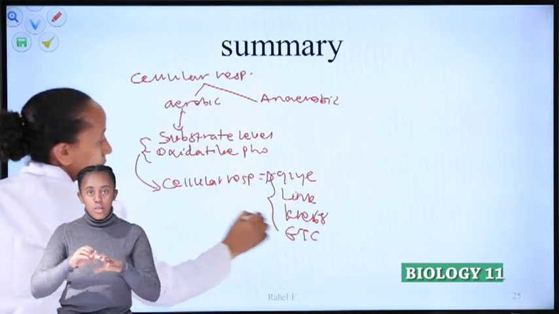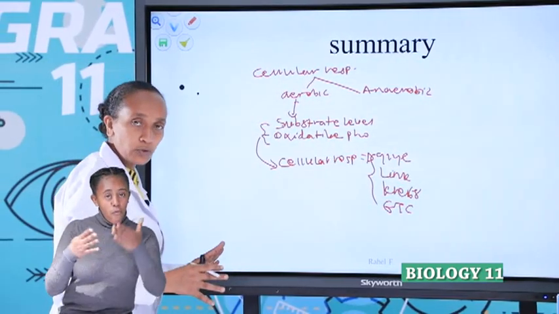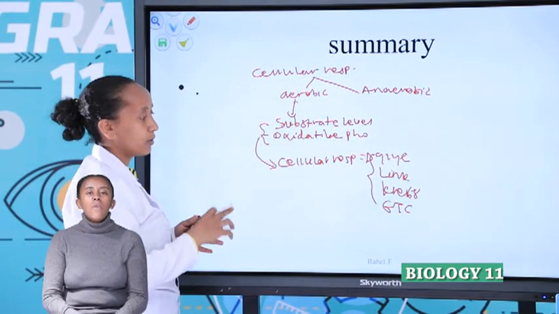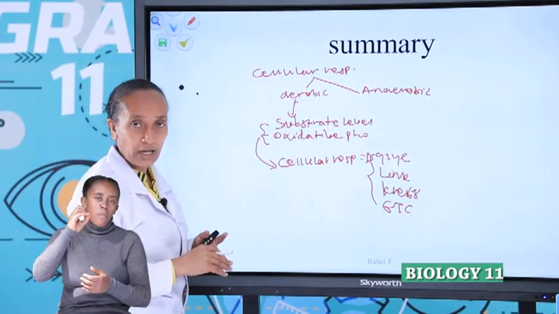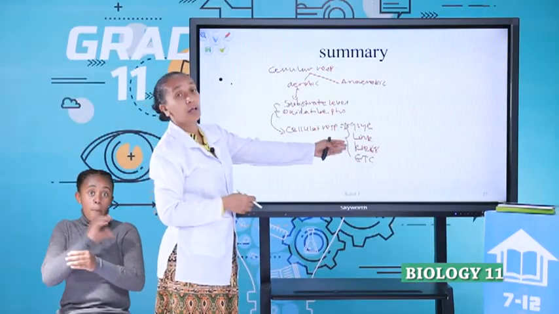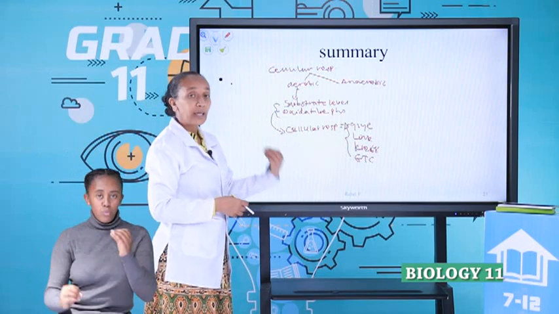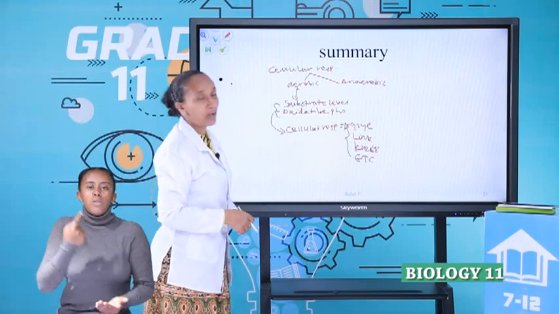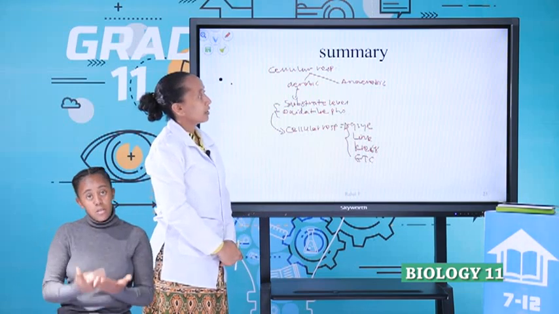These 4 stages occur at different parts of the cell: in the cytoplasm, in the matrix of mitochondria, and on the mitochondrial inner membrane, on the cristae. All these processes are important to produce ATP from the glucose molecule. This is what we have seen in this period.